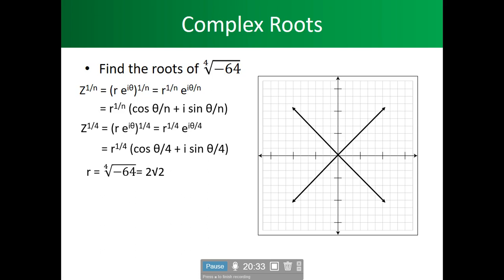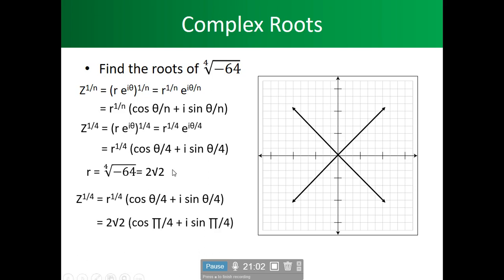And as you can see, you can take the fourth root of minus 64, and you come up with 2 times the square root of 2. So that's one of the points in space. Then we're going to take it again and put it back in its general form.